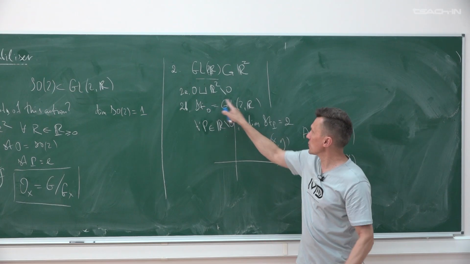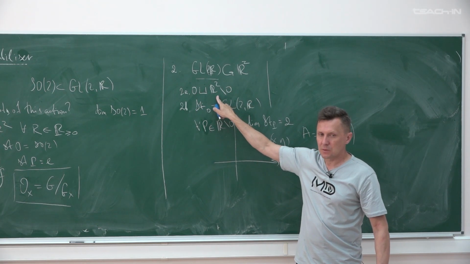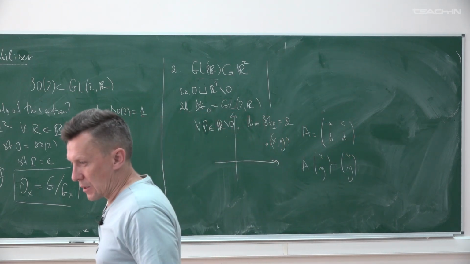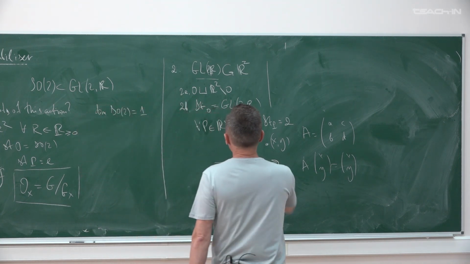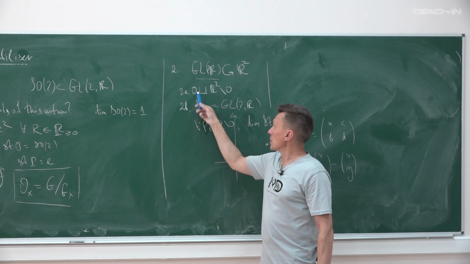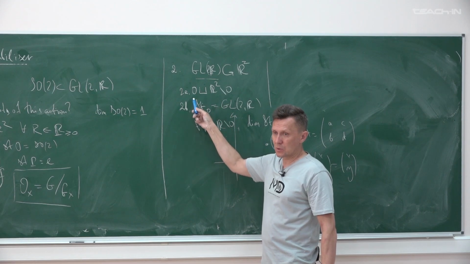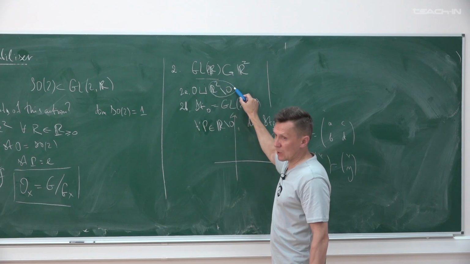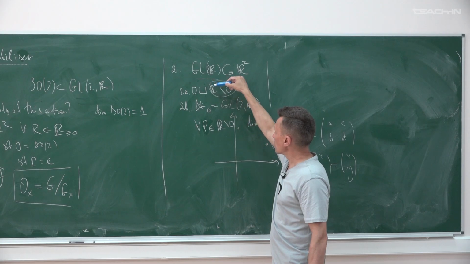Let us finish by discussing the first step. Could you say why the orbits are like this? The statement here is that in this action there are only two orbits: the one-point orbit {0}, and everything except this point. It means that for two points from this subset, there is an element of the group which transforms the first point to the second point.